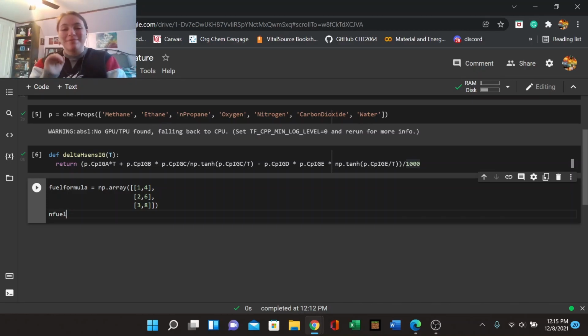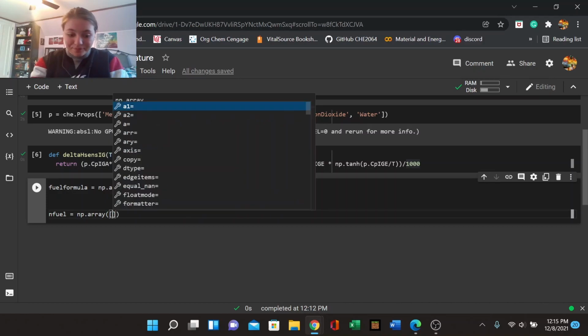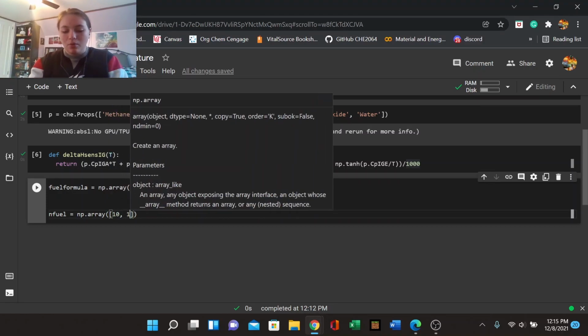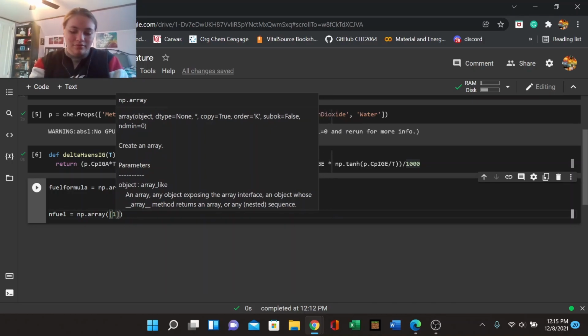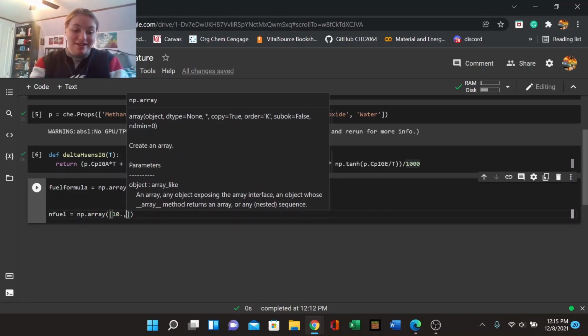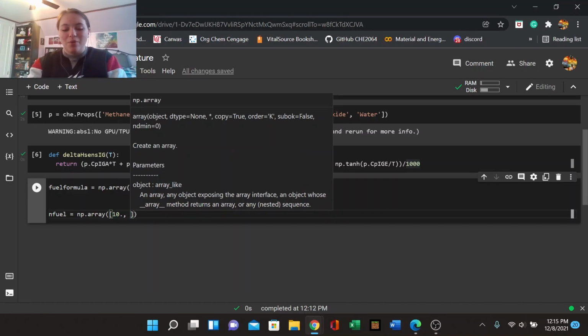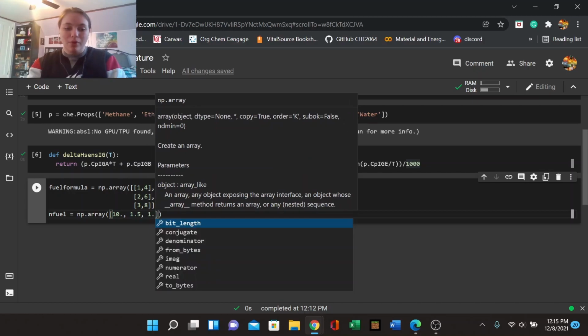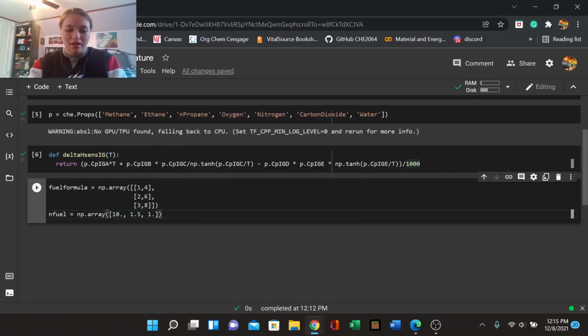Our N fuel is the number of moles of each component of the fuel, which we are given by my professor. So N fuel is equal to NP dot array, and it is 10 moles of methane, 1.5 moles of ethane, and then 1 mole of propane.